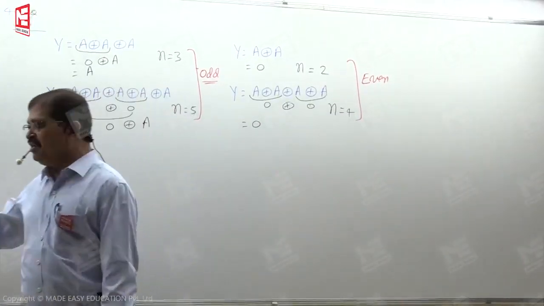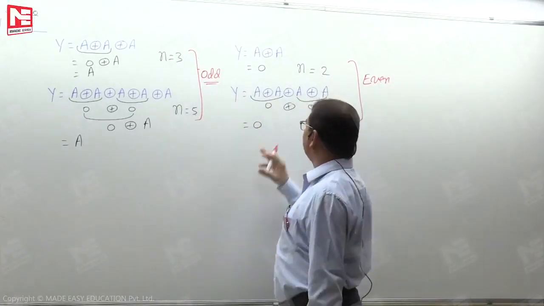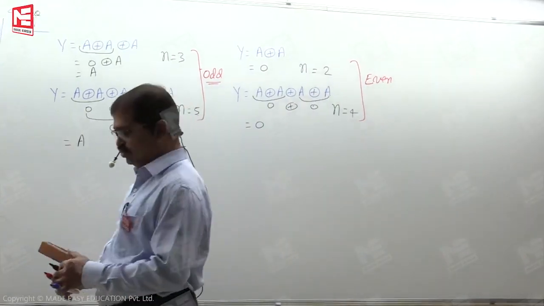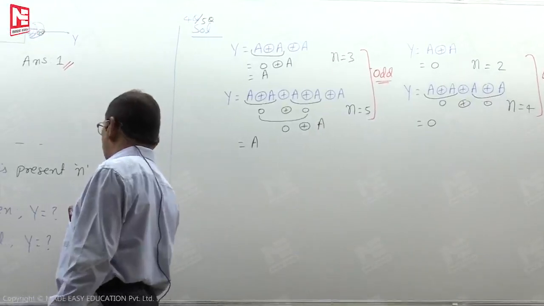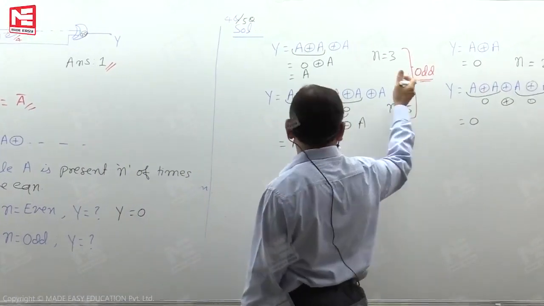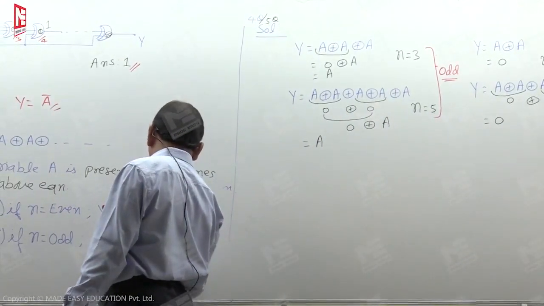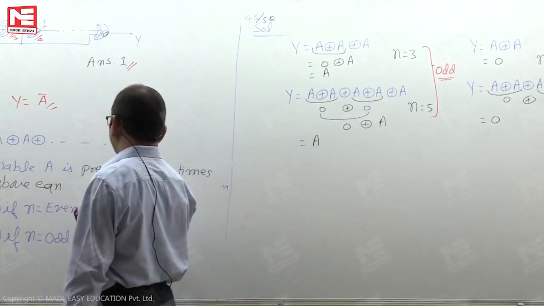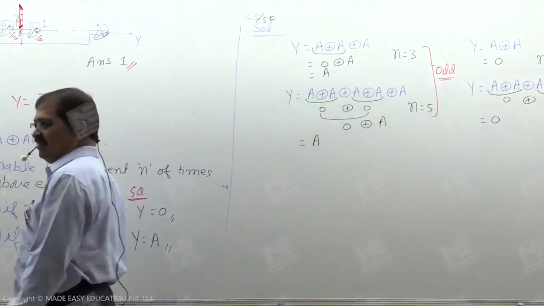So whenever n is even, that is 2 or 4 times, the output is 0. And whenever n is odd, the output is A. So these are the answers to the fifth question.